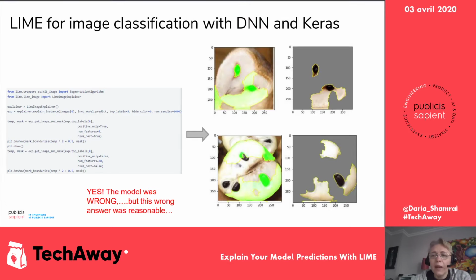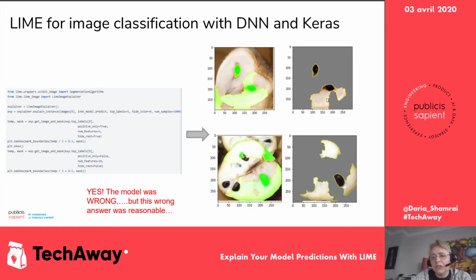Actually, it's more than that. But normally you can stop here, so you can make a mask where the deeper color highlights the parts of the image which mostly impacted the model decision, the others which impacted it a little bit less, and the rest which didn't impact it at all.